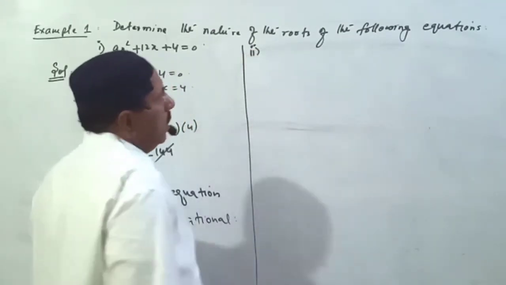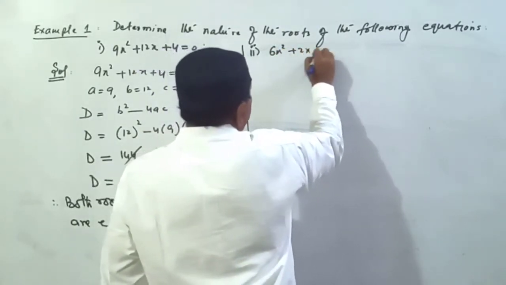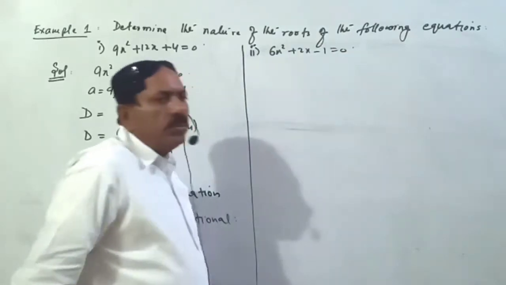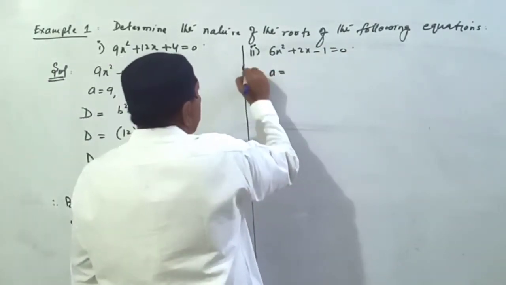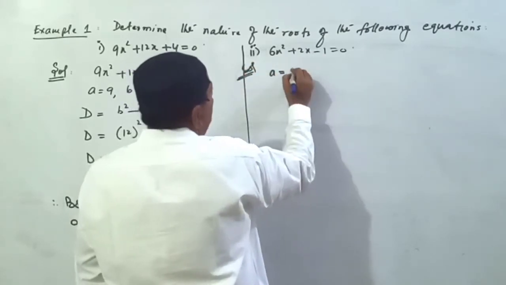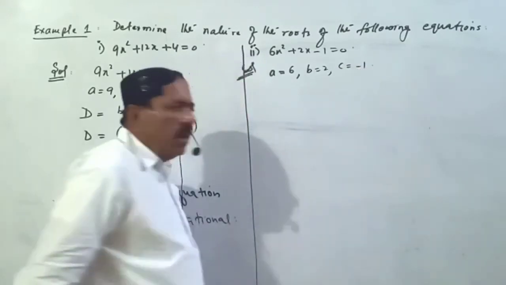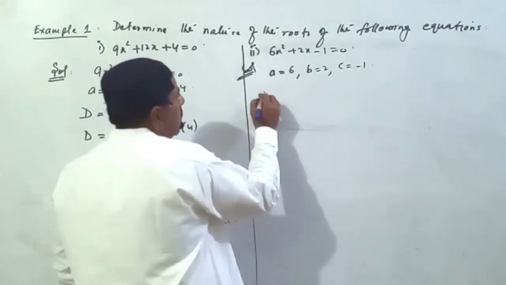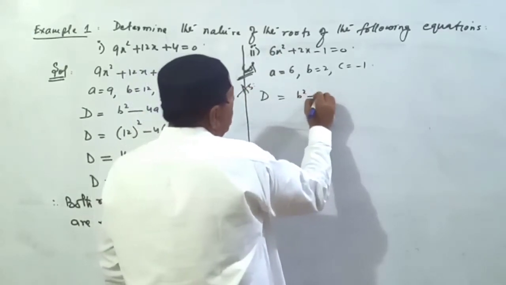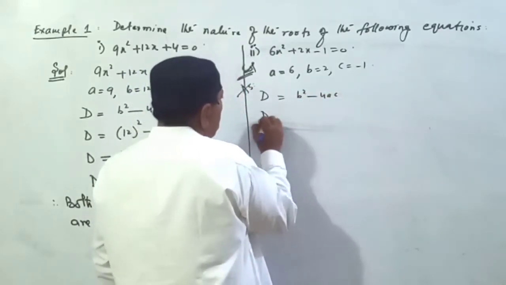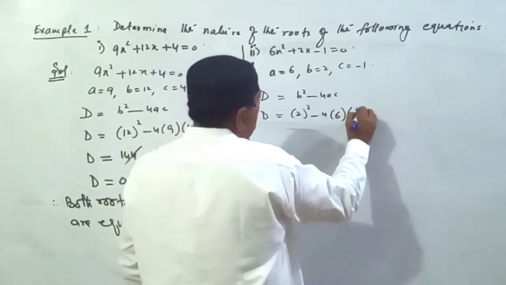Number 2 is 6x square plus 2x minus 1 is equal to 0. Solution: a is equal to 6, b is equal to 2, c is equal to minus 1. As D is equal to b square minus 4ac, D is equal to 2 square minus 4 into 6 into minus 1.